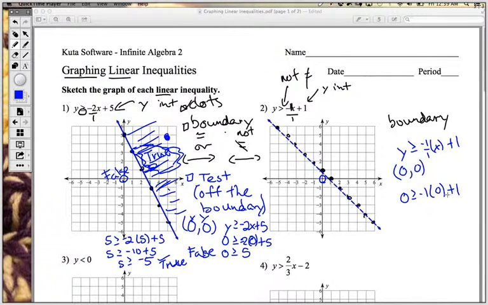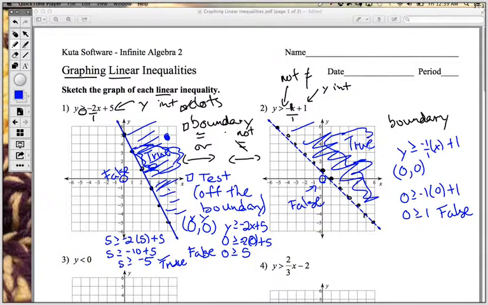Negative 1 times 0 is 0. We add 1. 0 is greater than 1. That is not true. That's false. Again, which means this side with the 0, 0 right there is false, which means the other side is true, which means the other side receives all the shading.